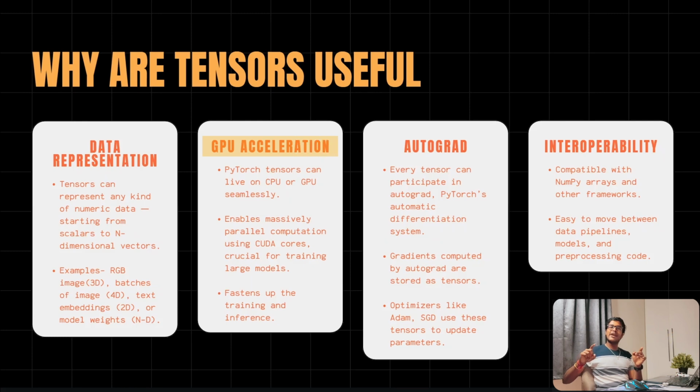Next up, the GPU acceleration. Here's where things get much more powerful. Once we have represented our data in terms of tensors, we can move these tensors to the GPU, so that whenever any new tensor-based operation is done, the GPU is utilized and our computations start flying.